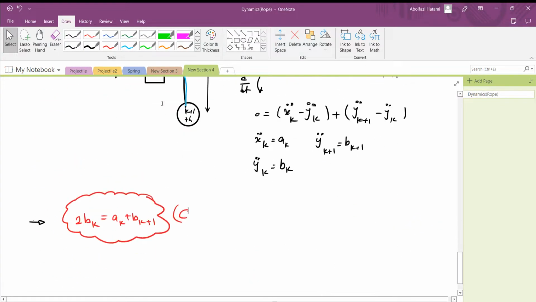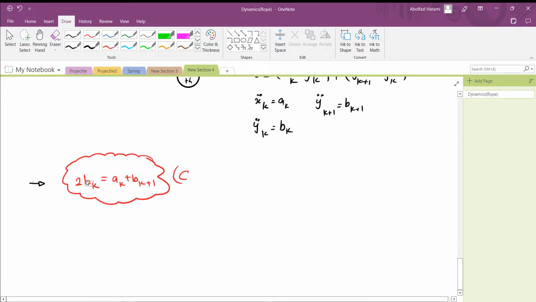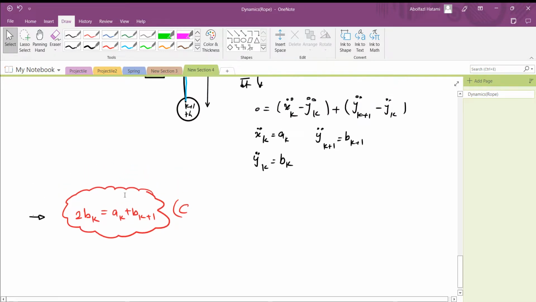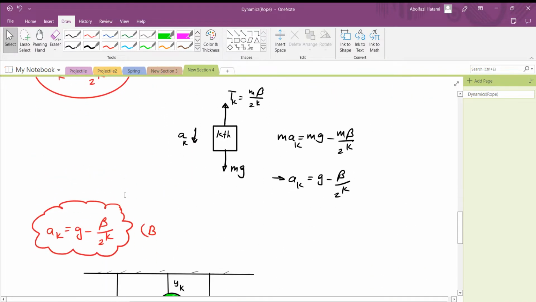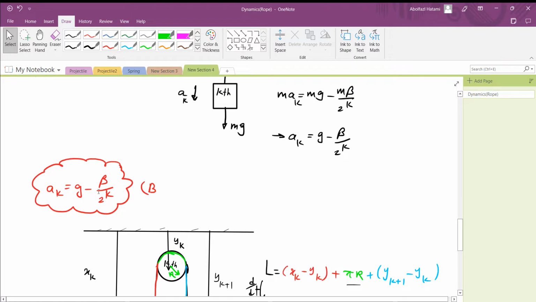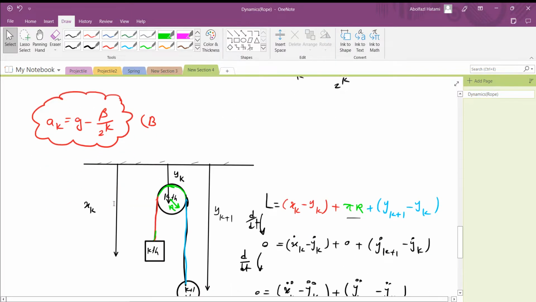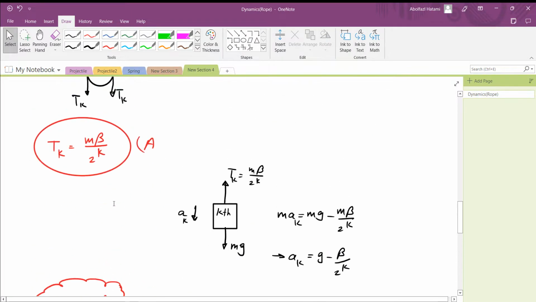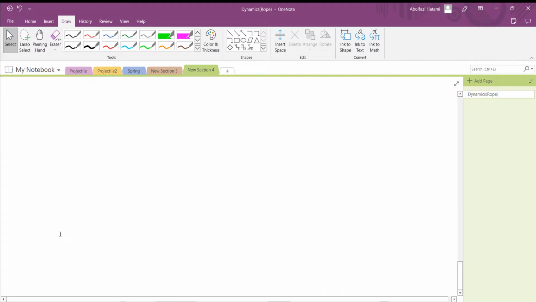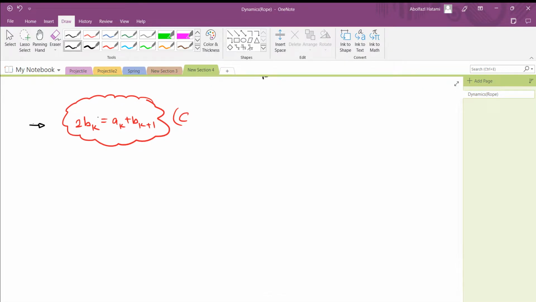Here we have bk, and we also obtained ak above. Ak was g minus beta divided by 2 to the power k, and if I substitute this ak in the C equation, I can obtain a recursive equation for b, the accelerations of the pulleys.